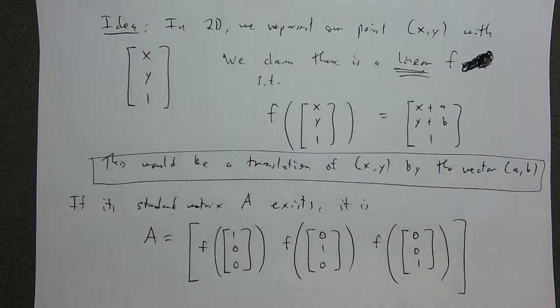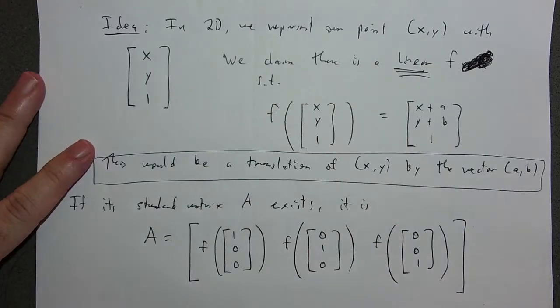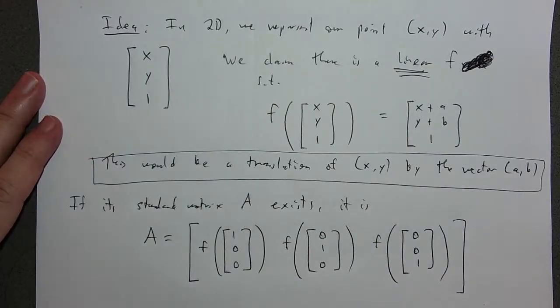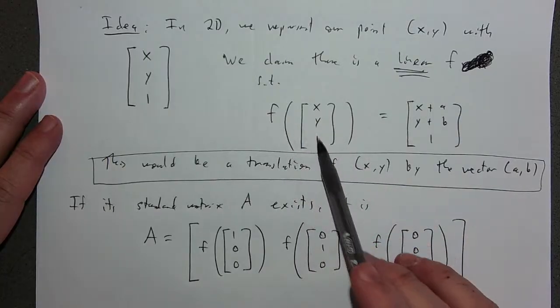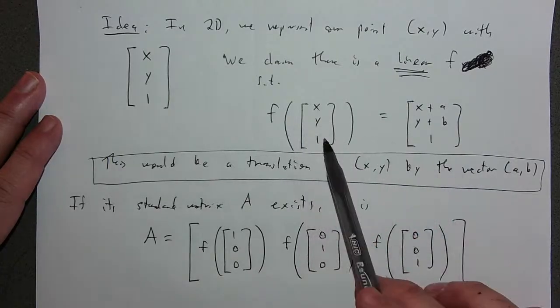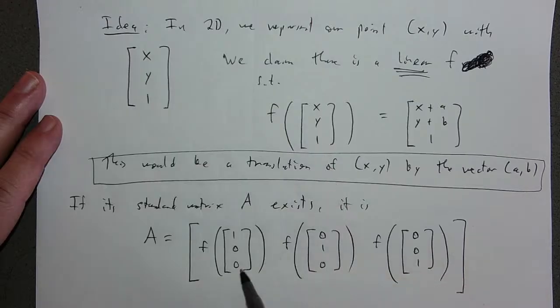All right. Now, how do I find these? Right? Because looking at this, I'm upset that f takes in, I know what f does really only on vectors that look like this. So how do I figure out these two things?